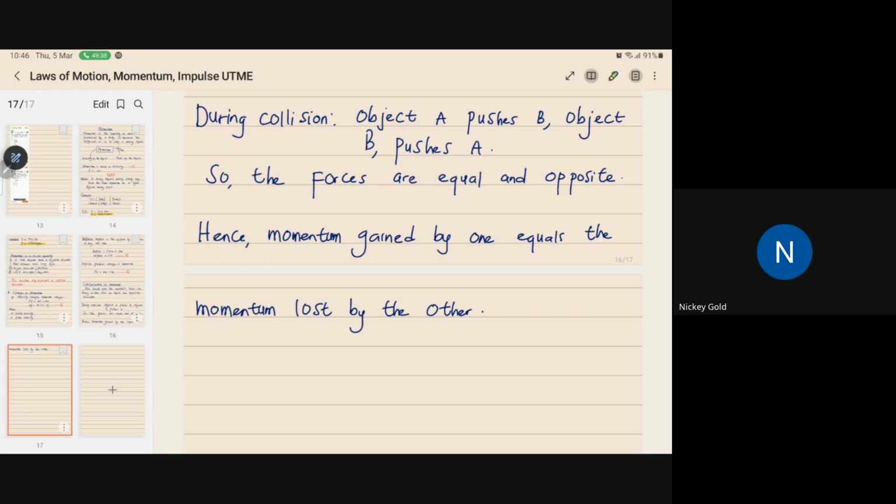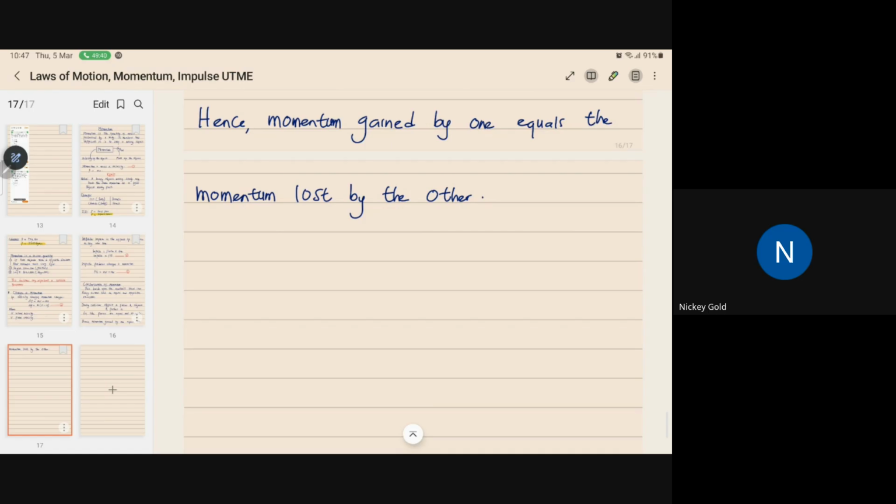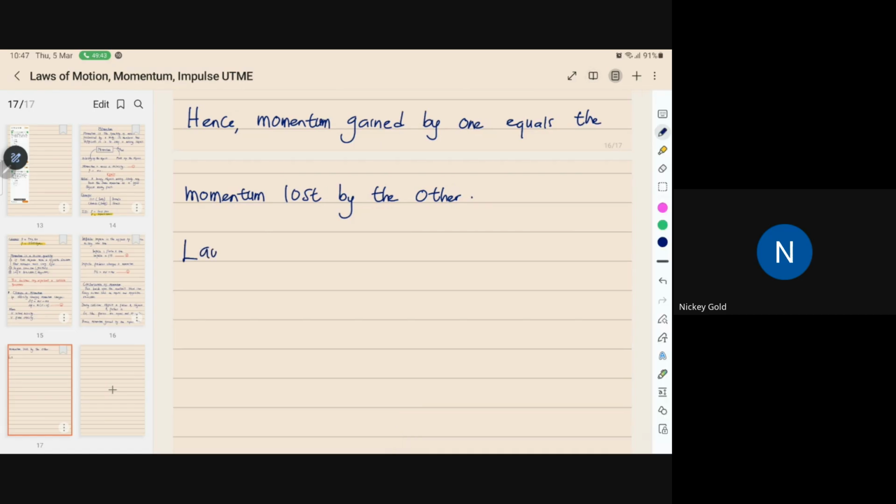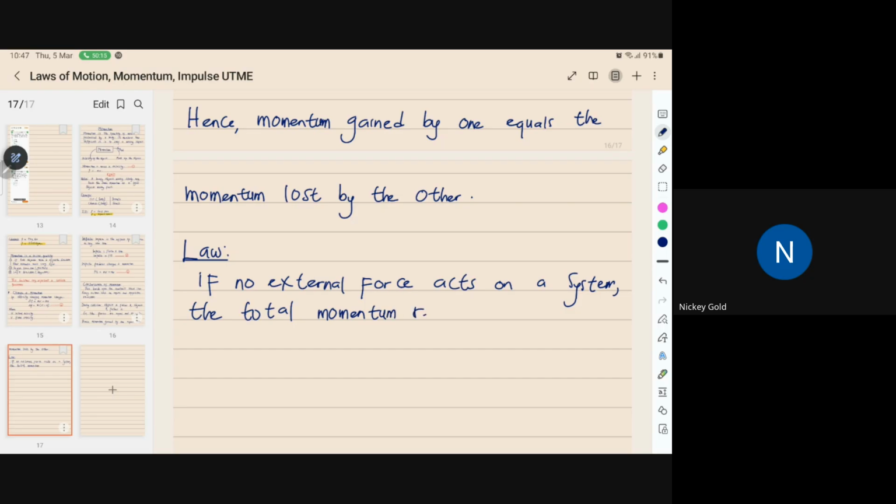So total momentum remains unchanged. So the law of conservation of momentum simply says that if no external force acts on the system, then the total momentum remains constant.